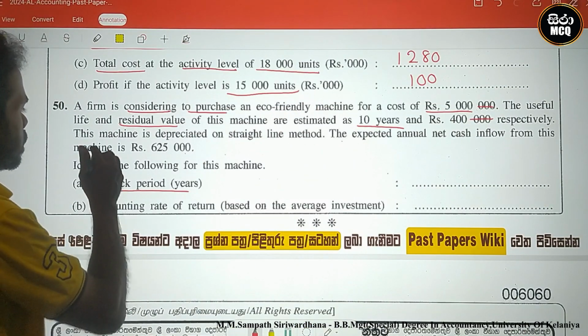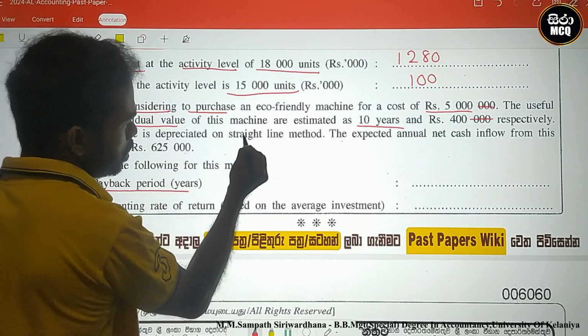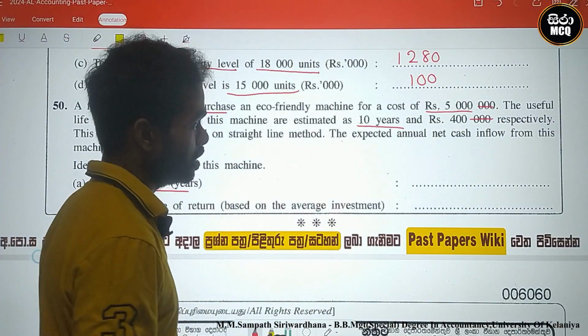They said this machine is depreciated on the straight line method.